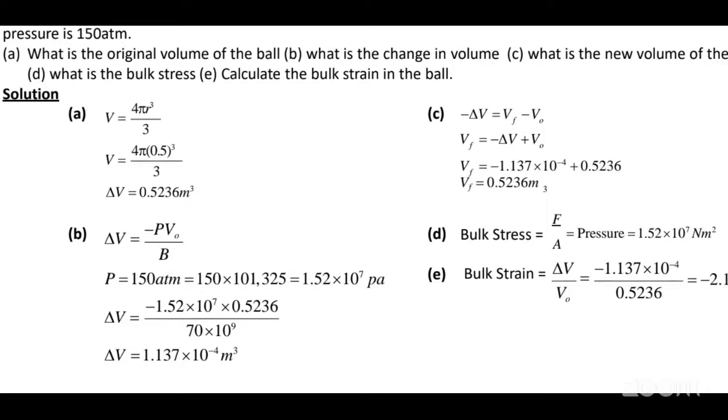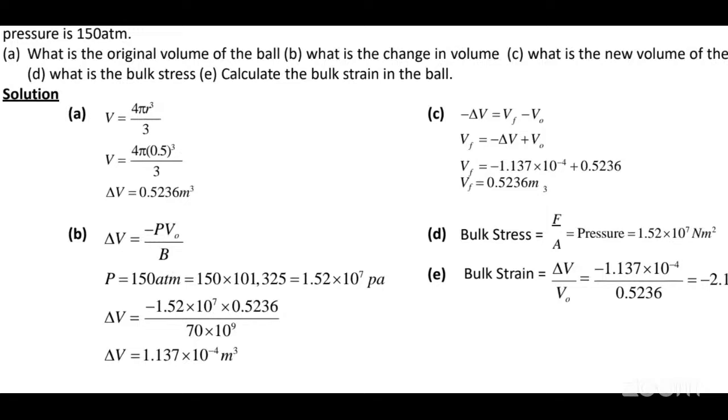My initial volume is the original volume solved in A, and my change in volume is solved in B. So my final volume will be the original volume plus the change in volume, which gives me 0.5235. That should be 5, not 6. The final volume is 0.5235 meter cubed.